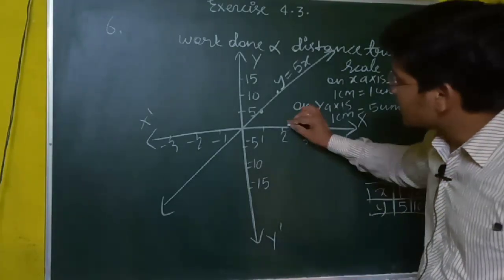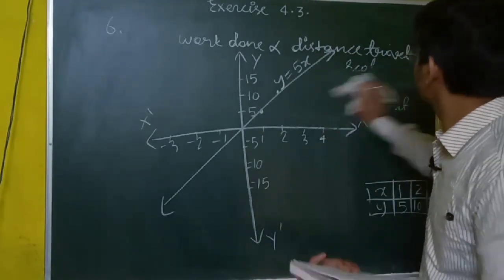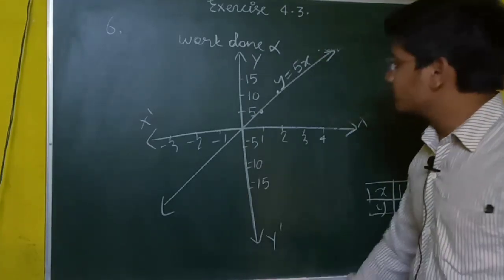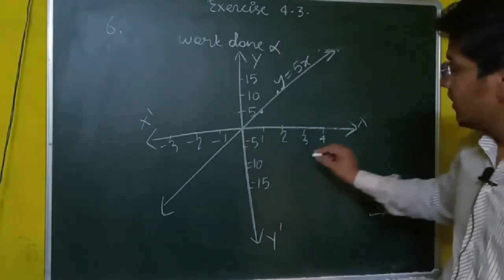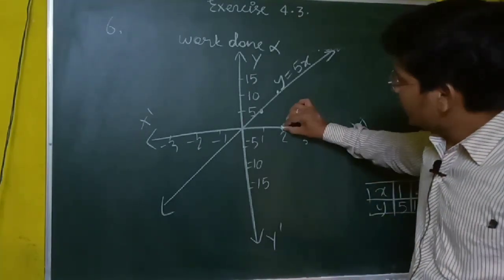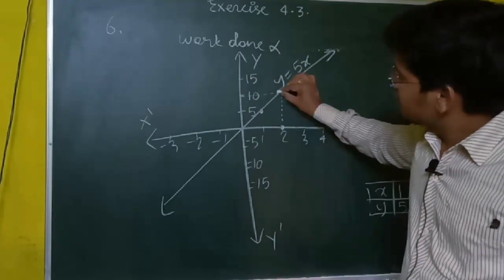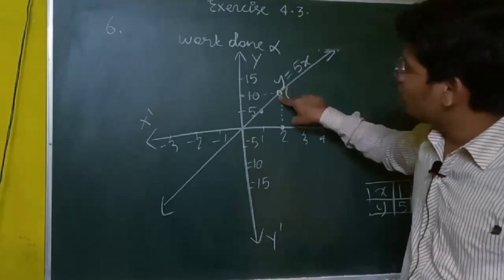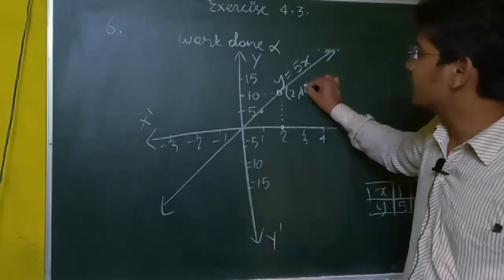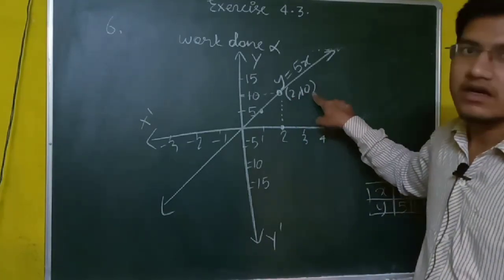If the body is travelling the distance 2 unit, from the graph we are seeing here that if the body is travelling distance 2 units, so this is 2, and if we make one line here, the coordinate of this point will be (2, 10). So if the distance travelled is 2 unit, so work done will be 10 unit.